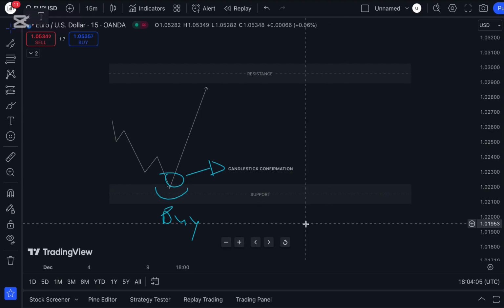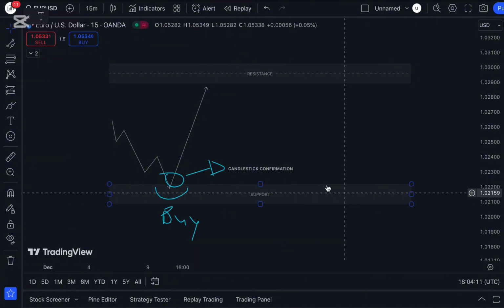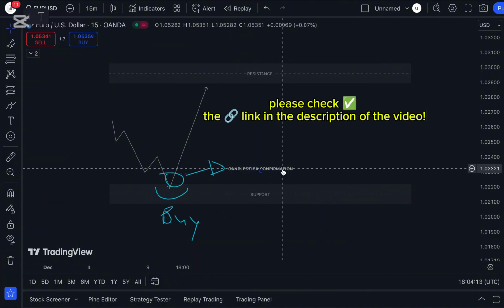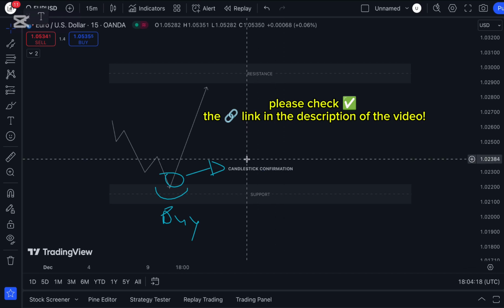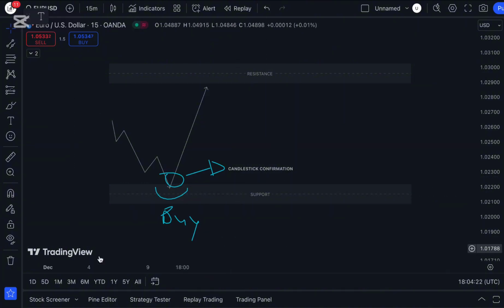I'll make sure that I leave some of the material that I have here, like the candlestick confirmations, the candlestick patterns, and the chart patterns that you can use in these scenarios. I'll leave the links in the description.